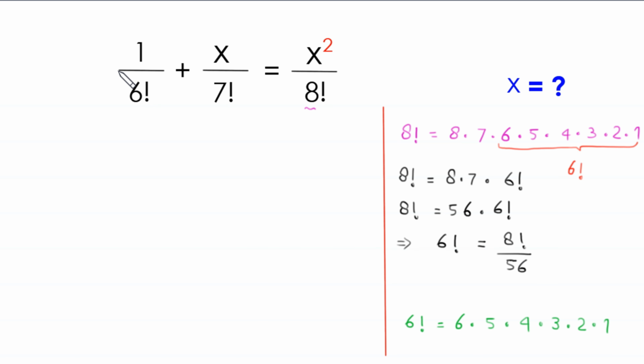So in this equation we replace this 6 factorial with 8 factorial over 56. So this will become 1 divided by 8 factorial divided by 56 plus, now we remove this and make some space here.